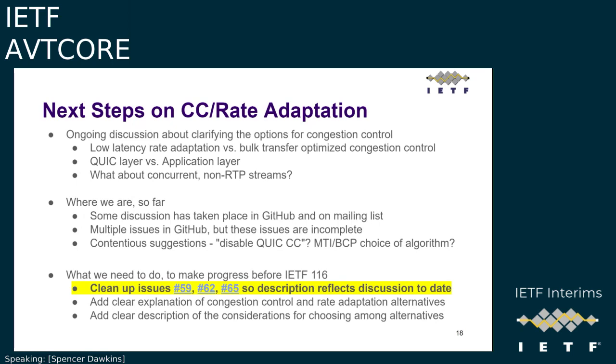The third thing was whether we should have a mandatory to implement rate adaptation algorithm. And I don't think we should, for some process sort of reasons and some technical sorts of reasons. But I don't know that we agree on that.